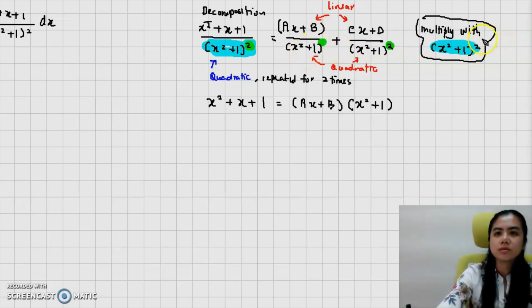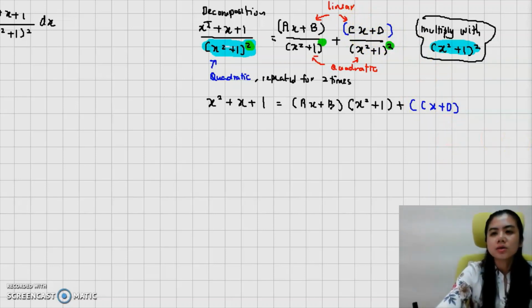Basically they cancel, leaving a remainder of power 1. Same thing happened to the last fraction. Put it in the bracket, so you have cx plus d. Now this whole fraction, you're going to multiply with this. If you multiply this whole fraction with this, basically the denominator cancels. So you remain with whatever is on the top only.